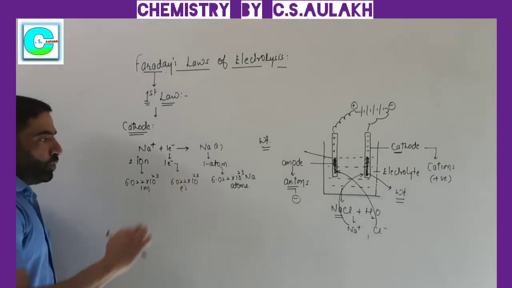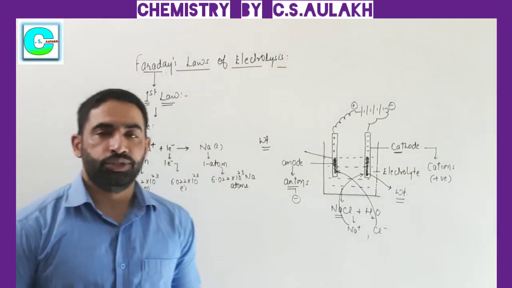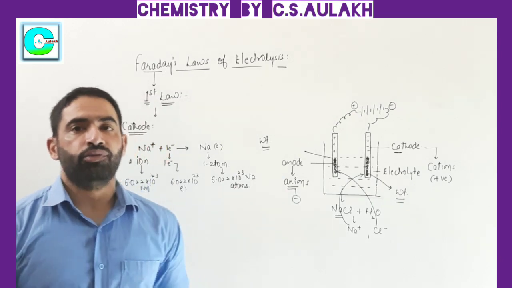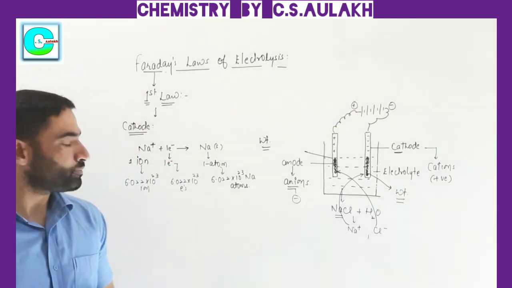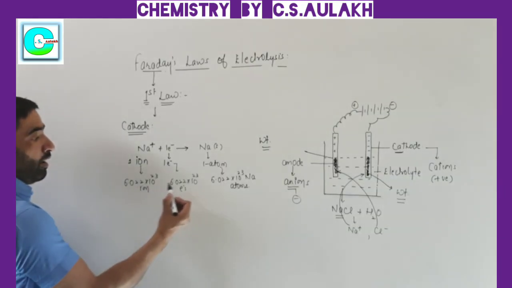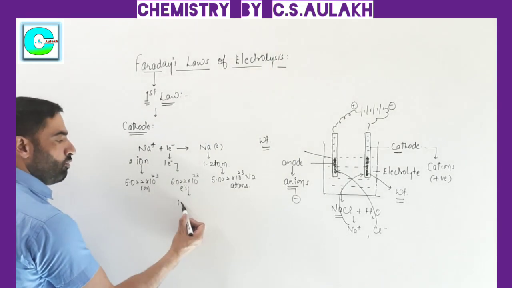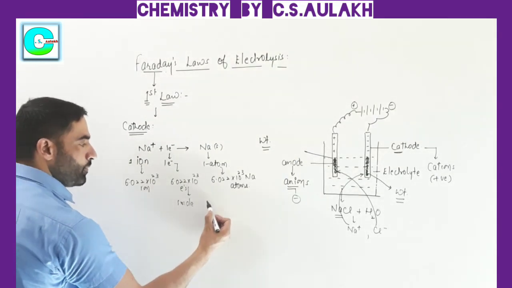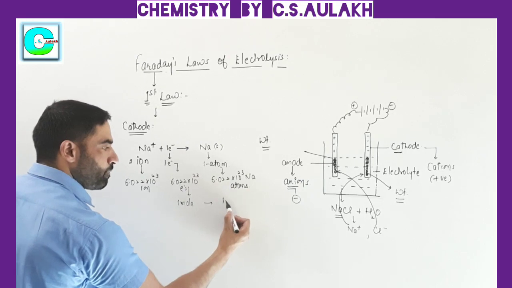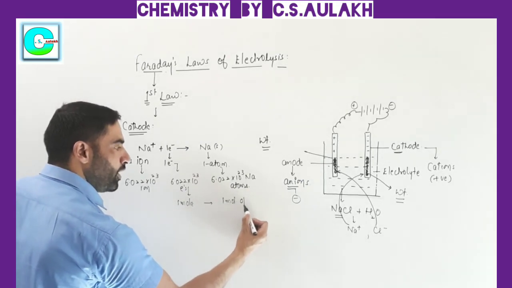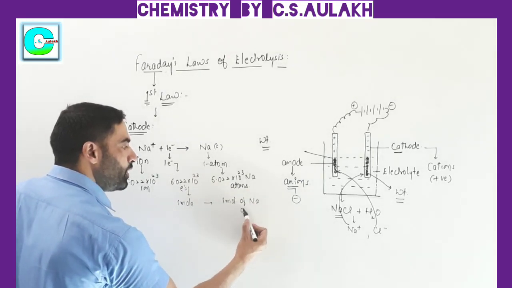So as we know, this number 6.022 × 10^23 is also called 1 mole. So we can write, with the gain of 1 mole of electrons, there is the deposition of 1 mole of sodium atoms.